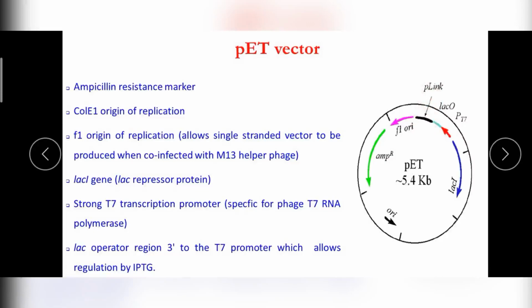The promoter here is the bacteriophage T7 promoter. It's a very strong promoter and helps in the synthesis of our desired gene protein. So that is the main thing. This lac operator region is regulated by means of the inducer IPTG.